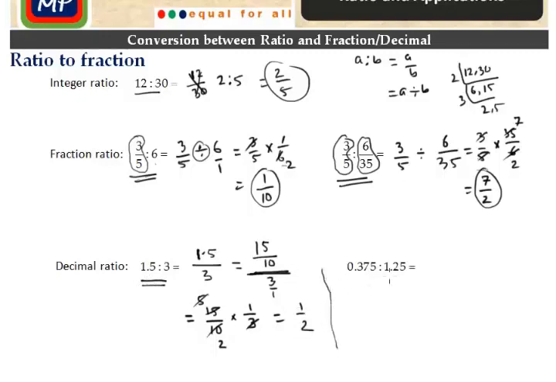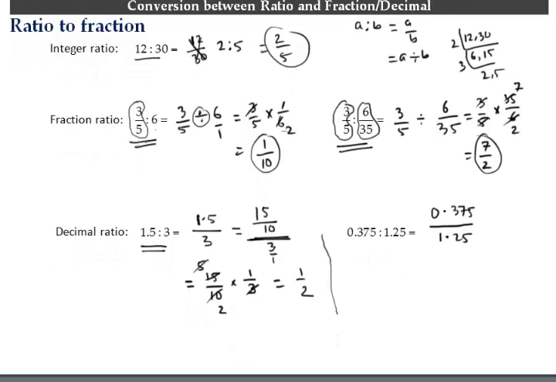Let us do this example. Here 0.375 ratio 1.25. So we will first write it in fraction form, 0.375 division 1.25. Now we need to convert these decimal values into fractions.